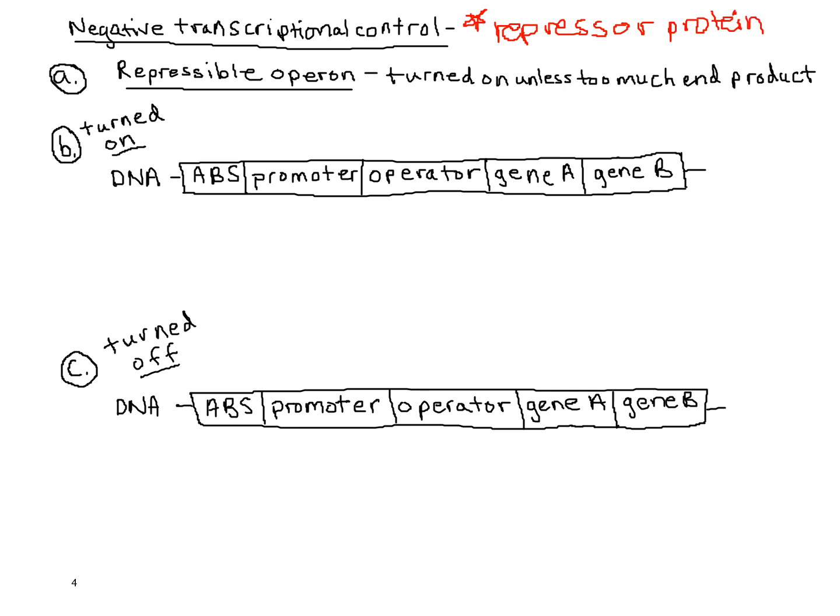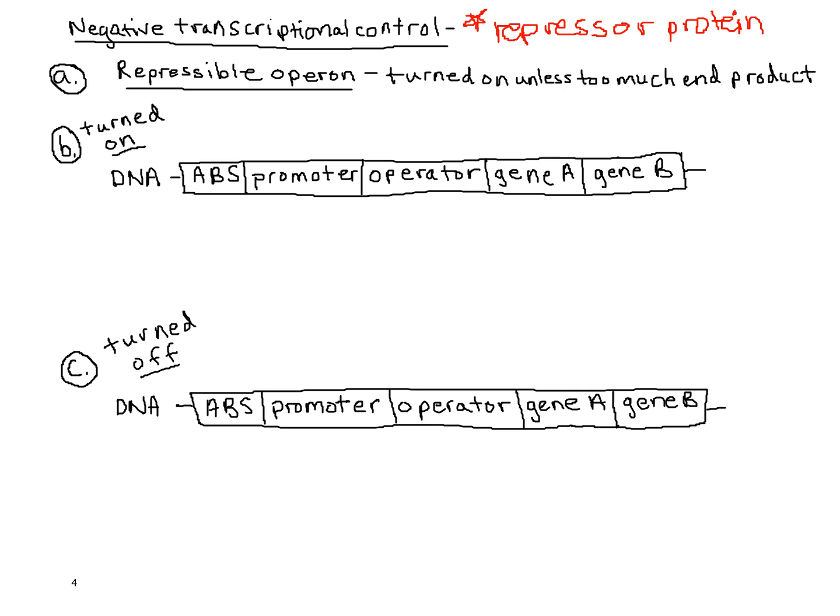In part A of the question, I would just ask the definition of a repressible operon. A repressible operon, remember, is turned on unless there's too much end product. For example, we talked about the trp operon, the tryptophan operon. This one would always be turned on unless you've got too much of your end product, tryptophan, around, and then you'd want to turn it off.